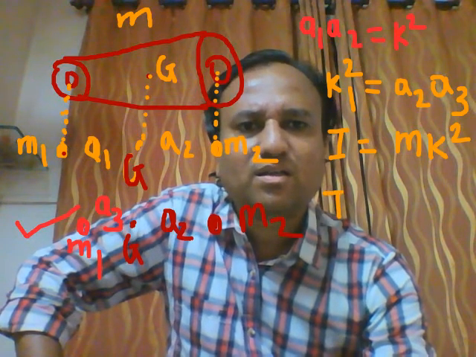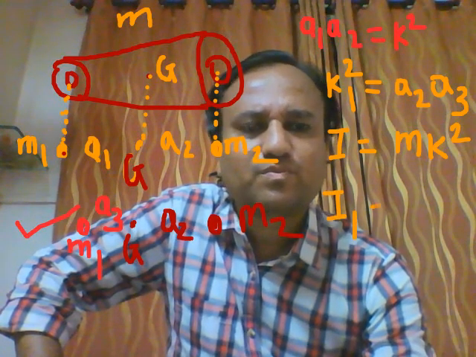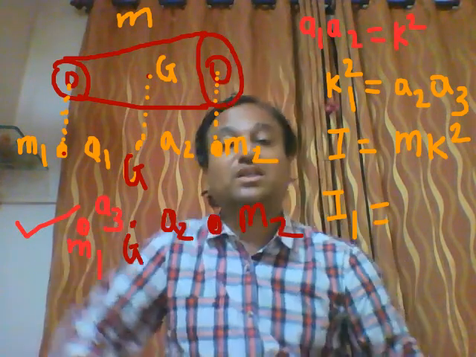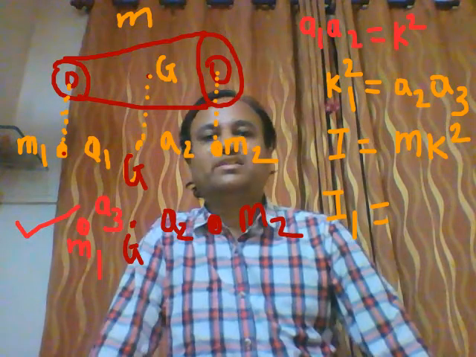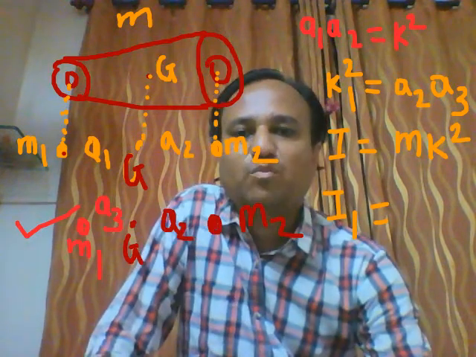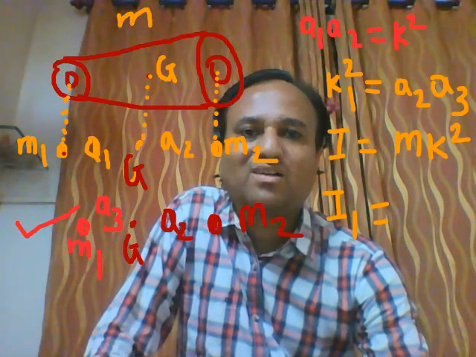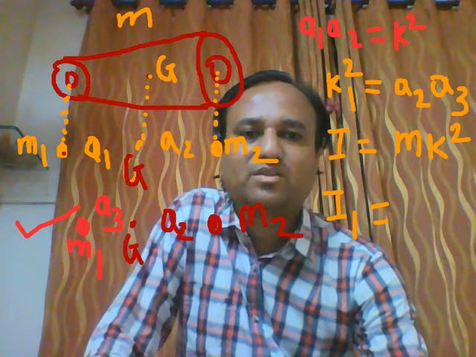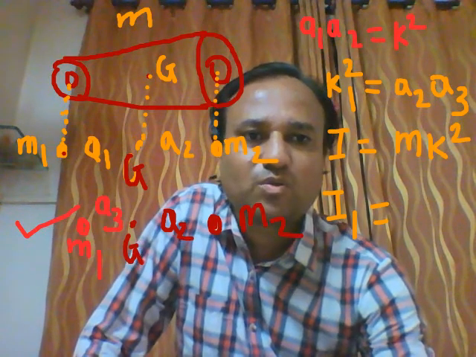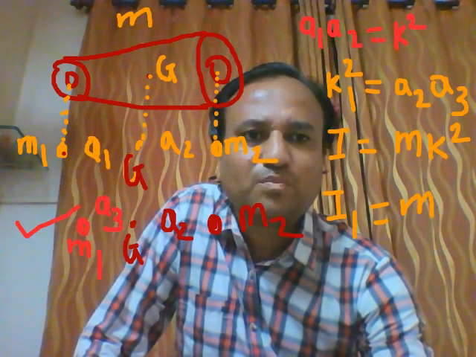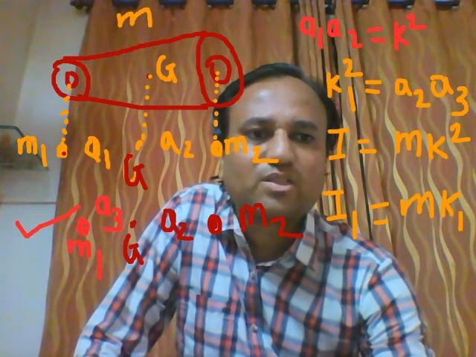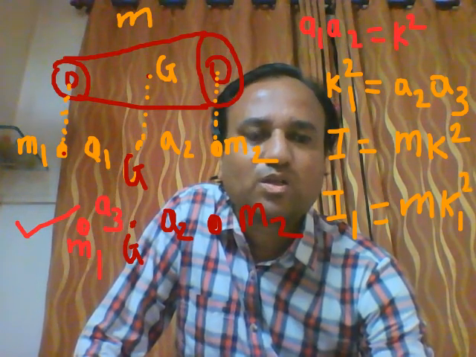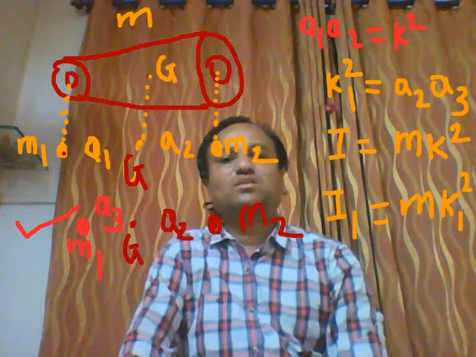Similarly, I1, that is the new moment of inertia. See, the moment of inertia will change as the placing of M1 and M2 is altered with respect to CG. So I1 is equal to M into K1 square, the new radius of gyration.